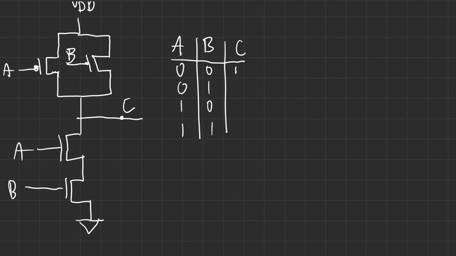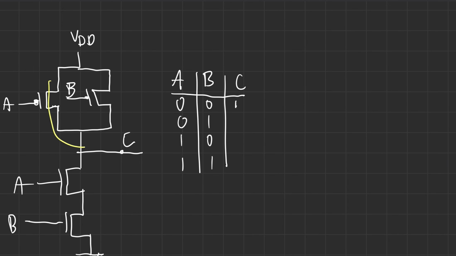So now let's go through 0 for A, 1 for B. This means that we have current flowing through here, but it's being stopped over here. But it doesn't matter since this is a parallel circuit. The current is going to continue here anyway. This is going to be shorted together. Well, that's not the right terminology, but you know what I mean. C is connected to VDD.